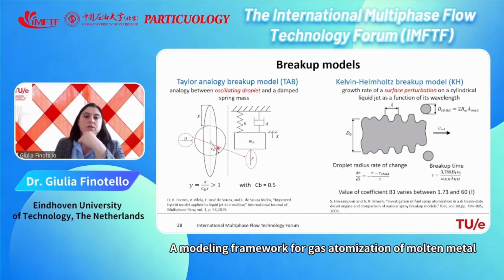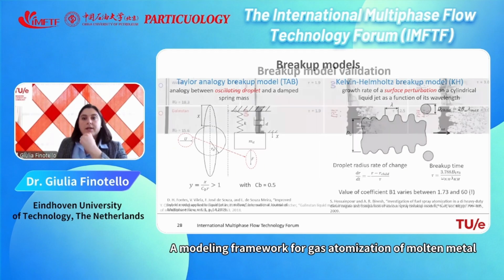The Kelvin-Helmholtz breakup model, instead, uses the idea of a cylindrical liquid jet and the surface perturbation that is growing on the interface of this liquid jet. When I reach a certain relative velocity and a certain wavelength of this perturbation, I generate a child droplet with a certain breakup time and a certain radius.